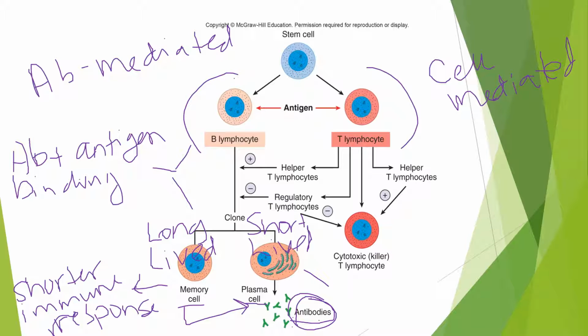Okay, so now the difference with T lymphocytes. There are different types that can be produced. We have helper T lymphocytes, which can either turn into and activate B lymphocytes, or can help initiate the C cells, or cytotoxic killer T lymphocytes. Again, these are going to need to be in contact with their victim cell in order to generate a response.